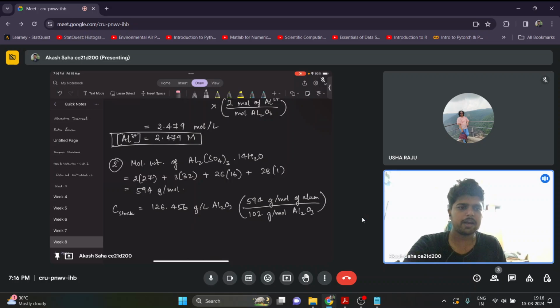So we will divide by the molecular weight of Al2O3 and multiply with the molecular weight of the hydrated alum. Okay, so this is nothing but 736.42 gram per liter of alum. So this will be my C stock.